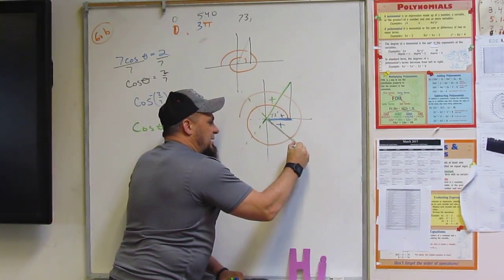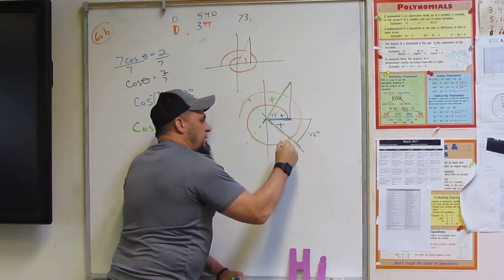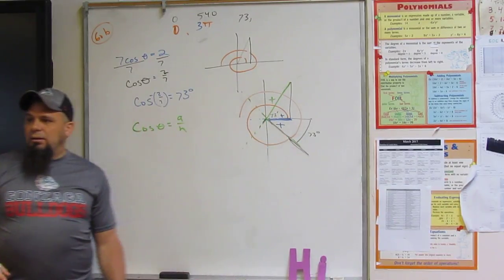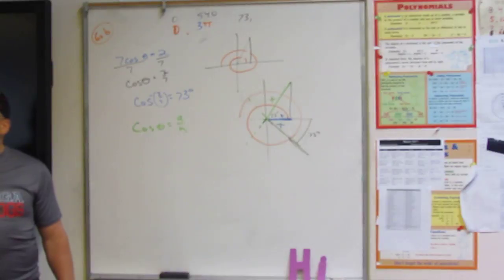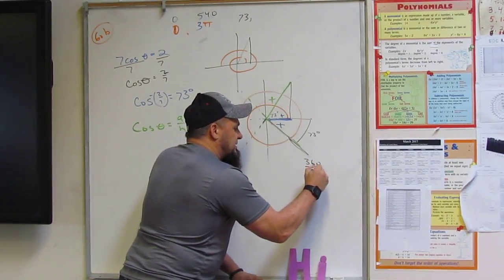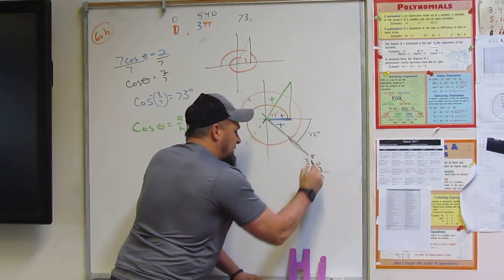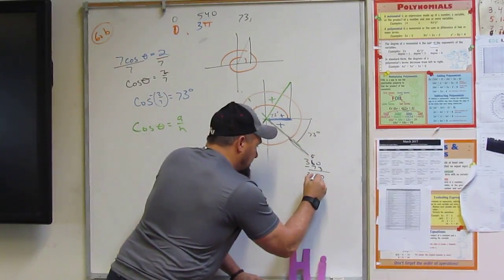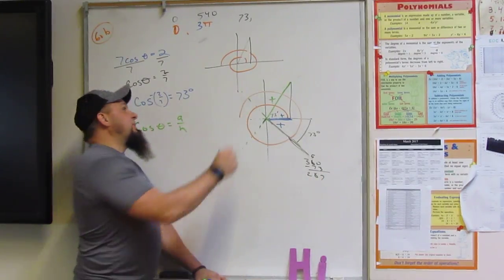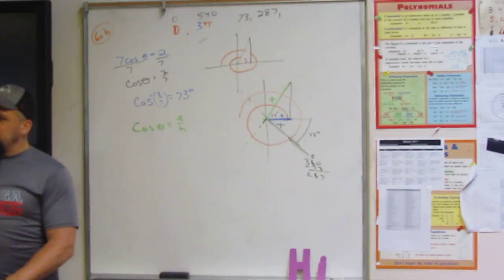Since this is 73, how much is it to go around? It's 360 minus 73, so 287. Perfect. So 287 is the next angle.